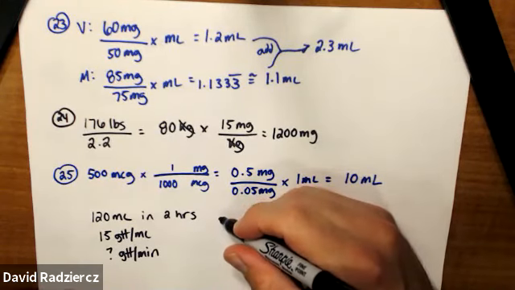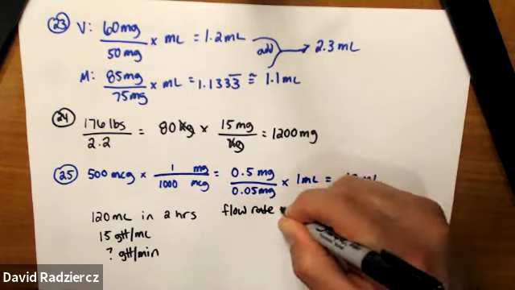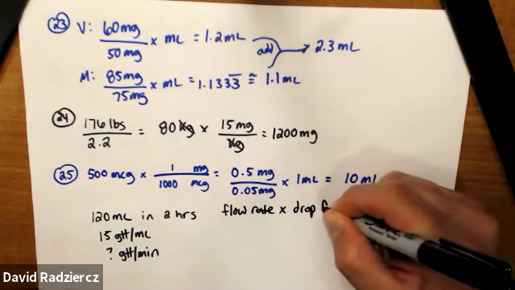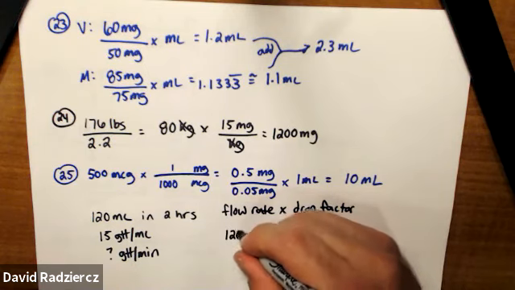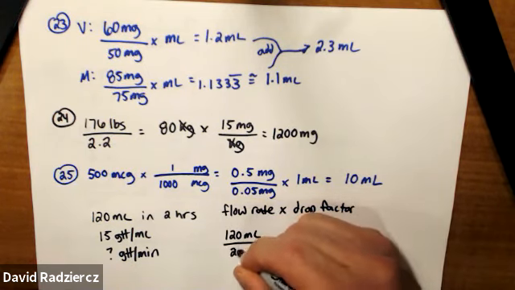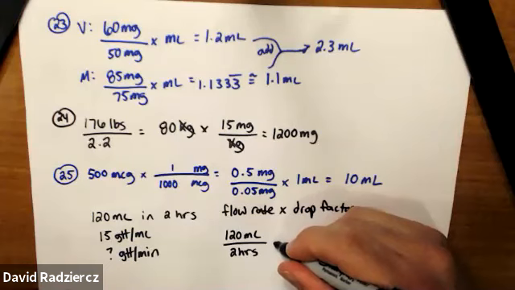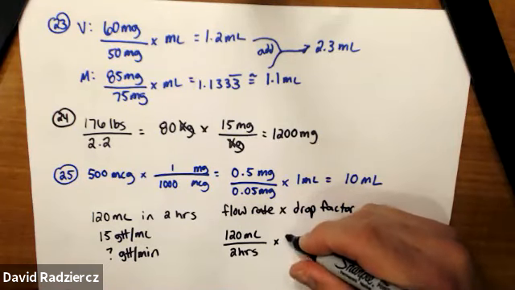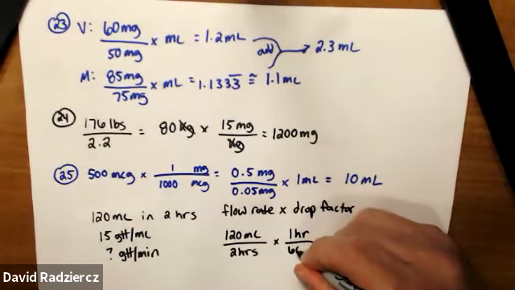Remember, flow rates or drop rates are always going to be flow rate times drop factor. Now, I unintentionally made this question kind of cancel out. But anyways, we have 120 milliliters in 2 hours. I want to convert hours to minutes first, just to show you an alternative way of doing this.